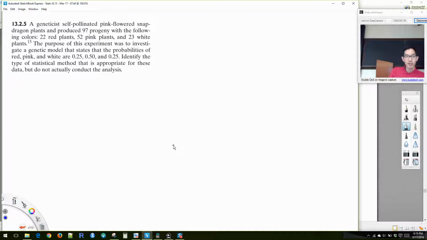The purpose of this experiment was to investigate a genetic model that states that the probabilities of red, pink, and white are 0.25, 0.5, and 0.25. Identify the type of statistical method that is appropriate for these data.